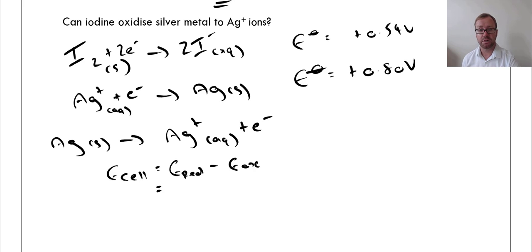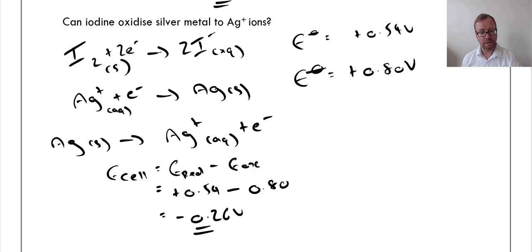I put these values in here, so 0.54 minus 0.8 gives me a value of minus 0.26 volts. This is a negative value, so this reaction will not occur spontaneously or is not feasible under these conditions. Hope that makes sense.